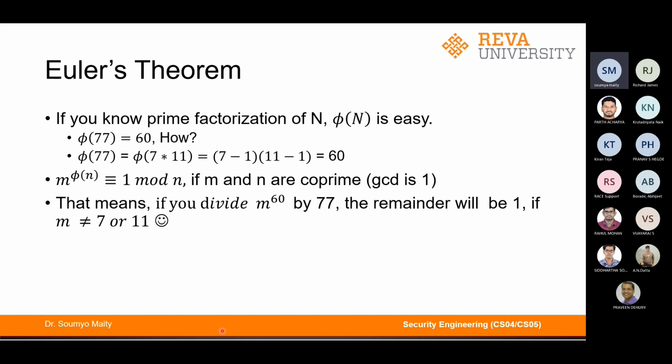But imagine we have a very big number, which is a product of two very big prime numbers. Then it is very difficult for us to factorize that. And if we try to find the phi function of that, and we do not know the prime numbers that give the product, we really cannot find the phi function, even with the best computer we have.